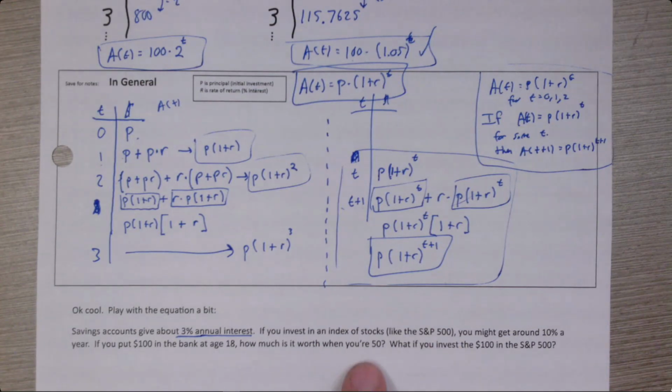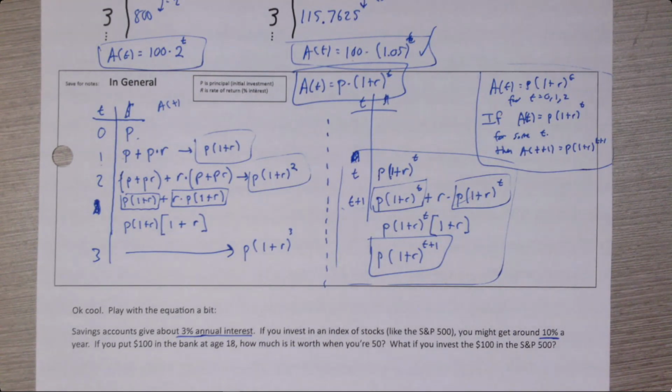Individual company stocks might go up or go down, but if you've invested in all 500 over time, your investment is going to do what the whole market is doing. So if the whole market is going up, you will also go up. So if you invest in something like that, you might get around 10% interest a year. That's probably about right.